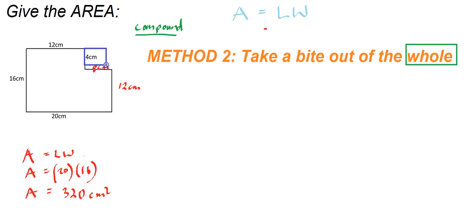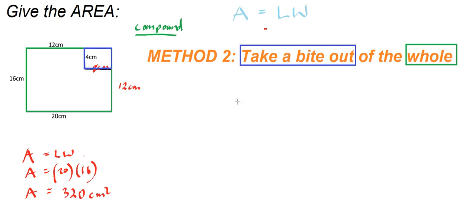So this is the bit that we're going to take out. We're going to take a bite out of the whole. And remember, the whole was this whole outline. So we're going to remove this blue rectangle, okay, because it's not there.